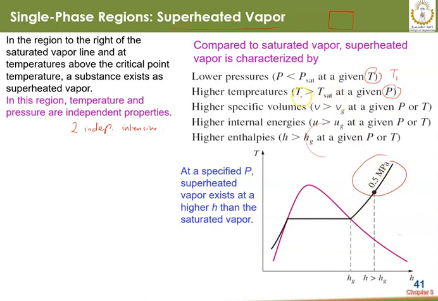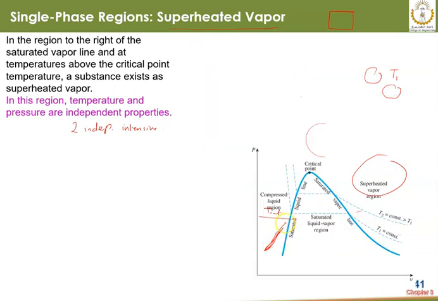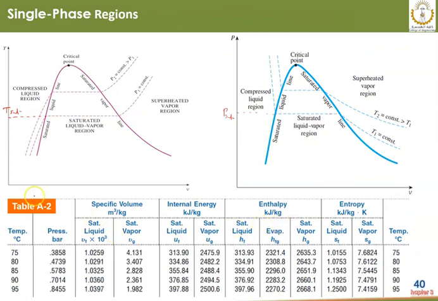Then we look at the temperature. This is the saturation temperature, as we said. If our temperature is higher than the saturation temperature, then we know that we are in the superheated region. If the temperature is lower than the saturation temperature, then we know that we are in the compressed region. And we know this from table A2 or A3.